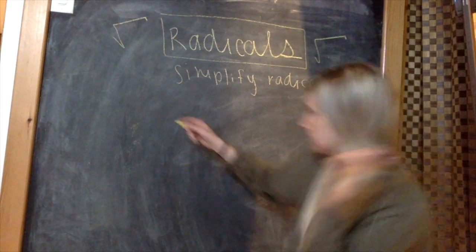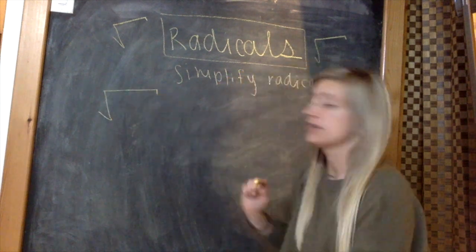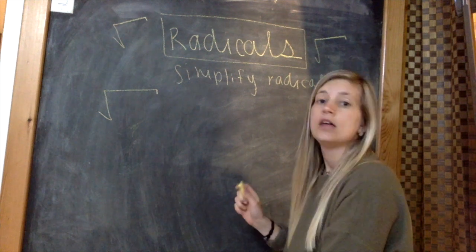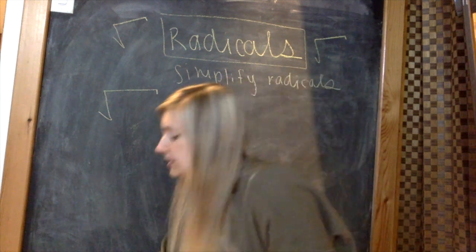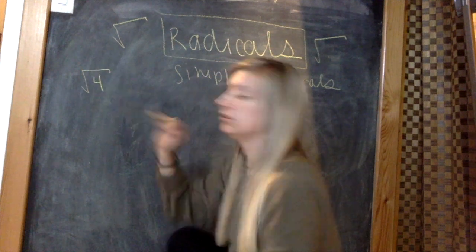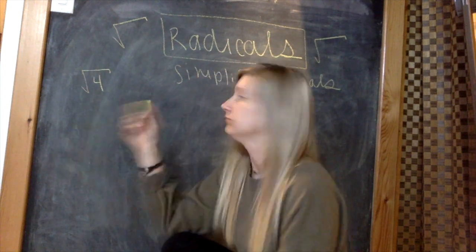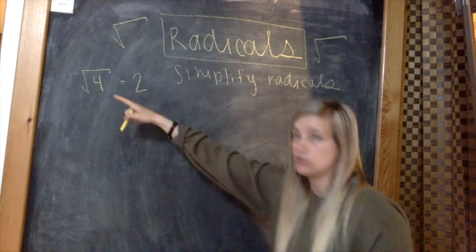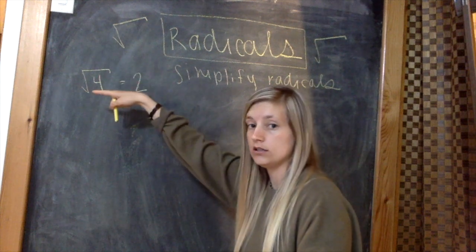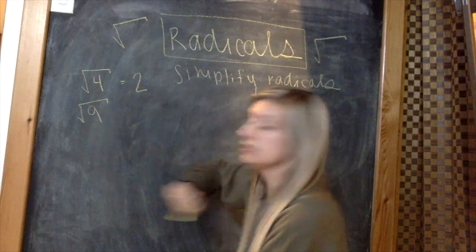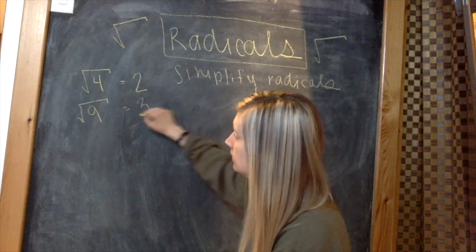So let's do this first one. Let's go and find all of our perfect ones first because we should know these. So for instance, the square root of 4 simplified is 2 because 2 times 2 is 4, also known as 2 squared is 4. Square root of 9, again is perfect, is 3.